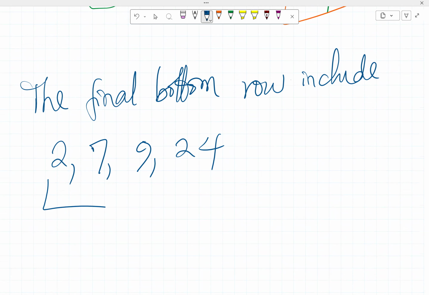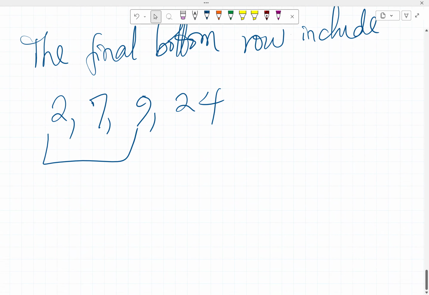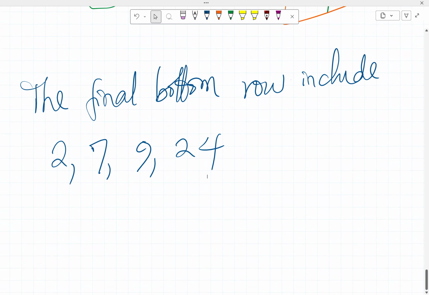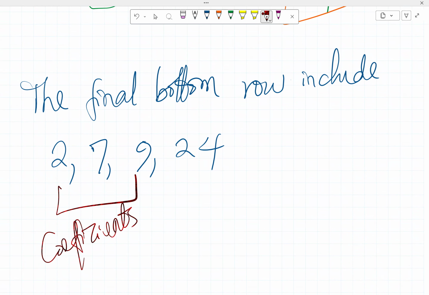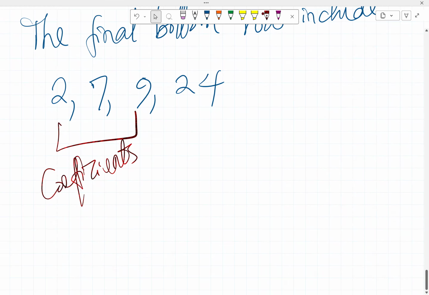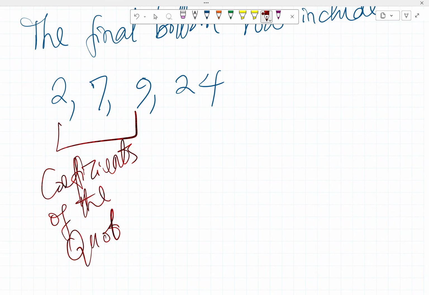These first three are now the coefficients of the quotient, and this is your remainder.